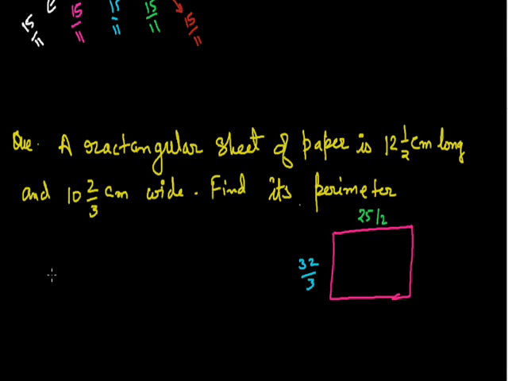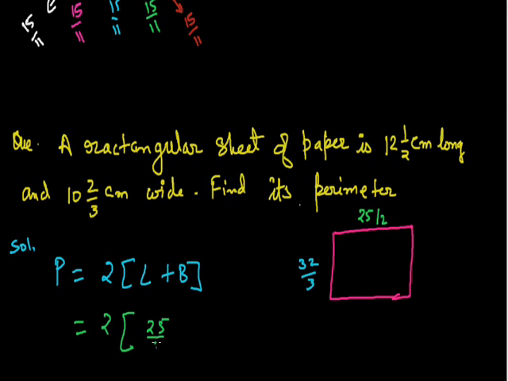Now to find the perimeter, we have a formula for the perimeter of a rectangle, that is equal to 2 times length plus breadth. So we will put the values in the formula: 2 into length, that is 25 by 2, plus breadth, which is 32 by 3. Now to solve this, we will first take out the LCM. It will be 6.